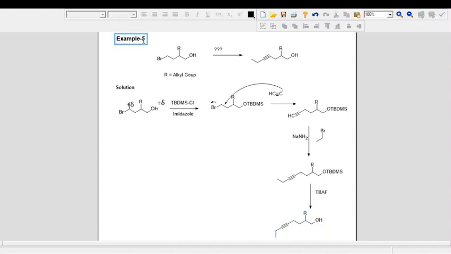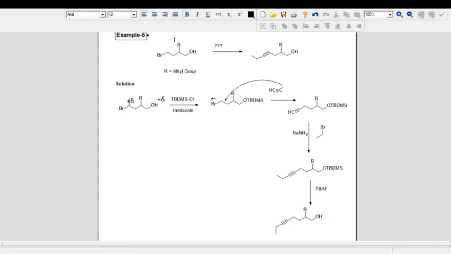This is example 6. These are 1, 2, 3, 4 carbon atoms. 1, 2, 3, 4. Now, if we require that this bromine should be replaced, let's suppose with aniline. This is NH group.